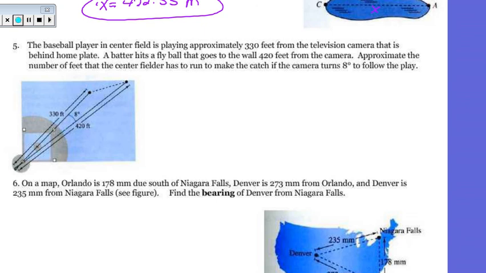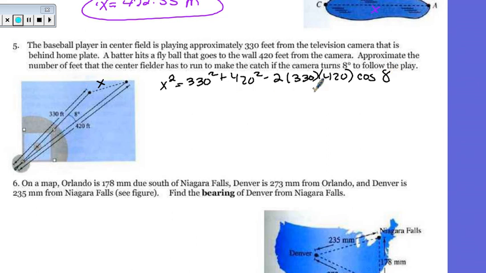So again, we are looking at another case of side-angle-side. We're looking for this length over here that the ball player would have to run to catch that ball. It's the side across from the angle, so that's the one that's by itself on the left. And we say 330 squared plus 420 squared minus 2 times 330 times 420, again, times the cosine of 8.